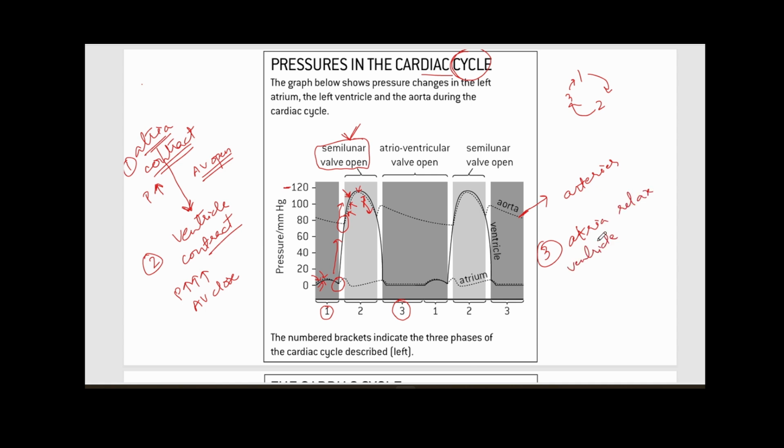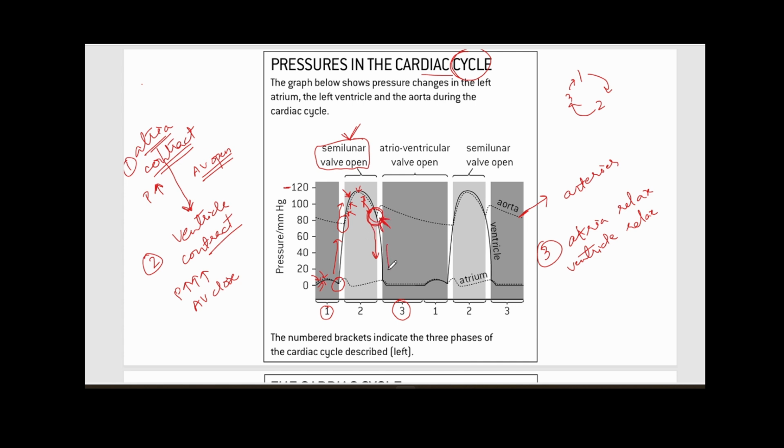Both the atria and both the ventricles function simultaneously. So the pressure in the ventricle is decreasing. As soon as the pressure in the ventricle goes below the pressure in the aorta, semilunar valves will close, so that the blood from the aorta does not flow back to the ventricle, to prevent the backflow of blood.